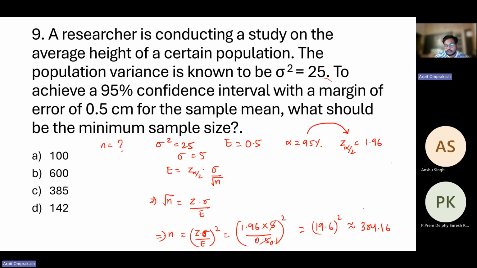Therefore, we'll round it up to the next integer, which is 385. The answer here will be 385. Okay. But in the options, if sometimes 384 is given and none of the other options are close by, then you can also select 384.